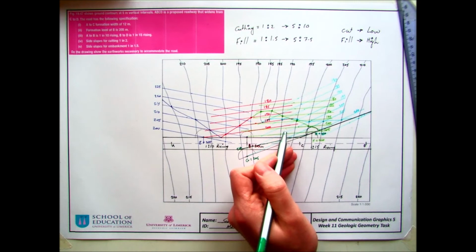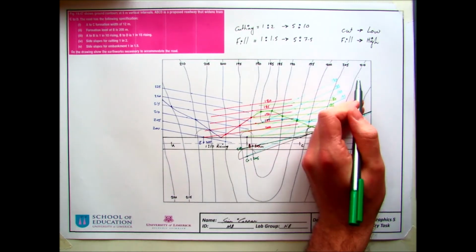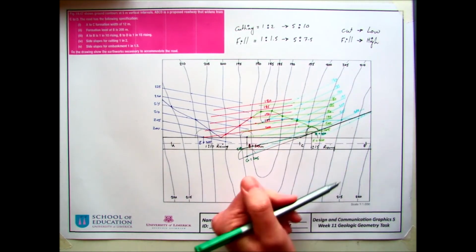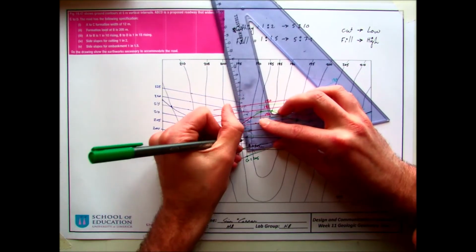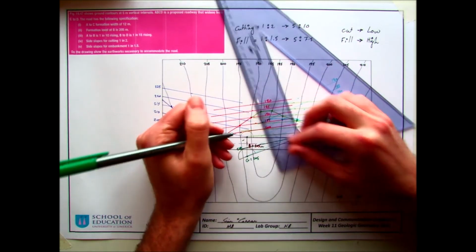Now I probably need 2 or 3, because we're going up through 210, 215 and 220. So if I have 2 more lines up at 10, so 10 here and 10 here.